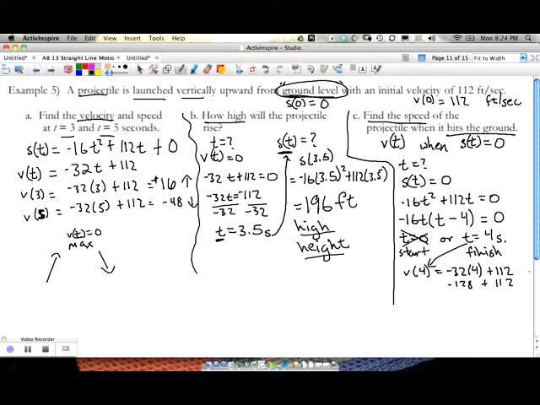Plus 112. So this is going to equal negative 48. Nah, that's not right. What are we missing? How many times does 16 go into 112? Oh, no, that doesn't go in here. That goes in 7 times. My goodness. I can't even calculate.